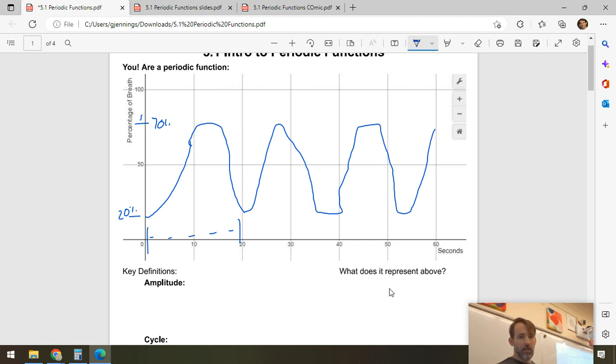So let's see. What's the amplitude of this function? Well, the midline of my function, and you can analyze your function because you created a graph yourself at your own desks. What you can do is analyze your function and say mine, the maximum is 70%, the minimum is 20%. So if I add those together, I get 90%. If I divide that by 2, that's 45%. This is the equation to find the midline.